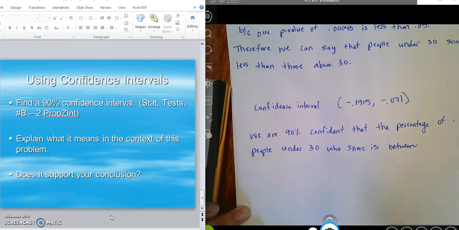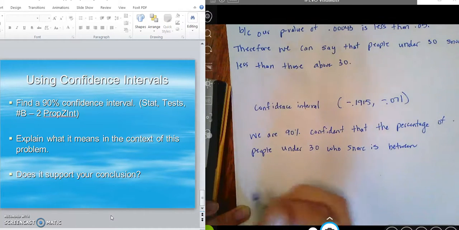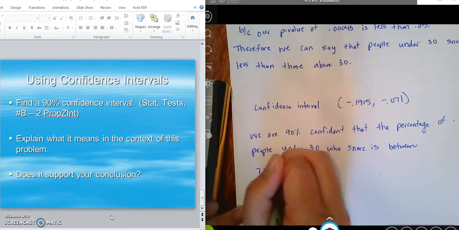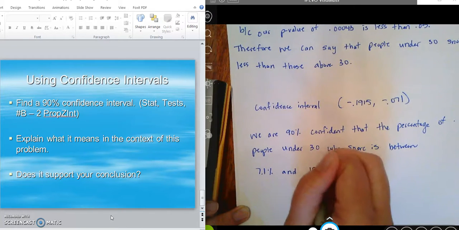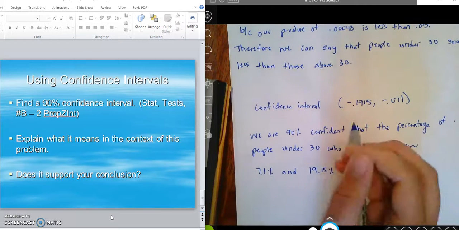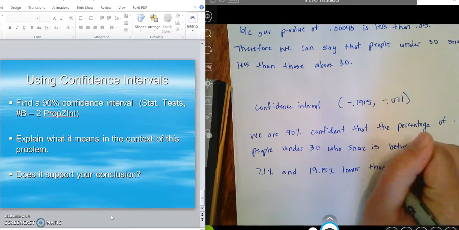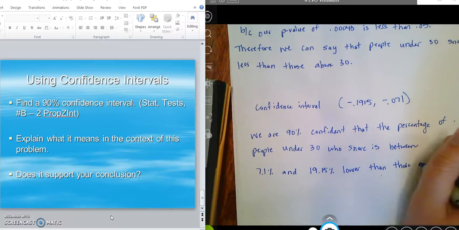You actually write it without the negatives, and I'll show you why. So it's between, and they're negative, so I got to go backwards, 7.1% and 19.15%. Here's where the negatives come in. It is lower than those above 30.